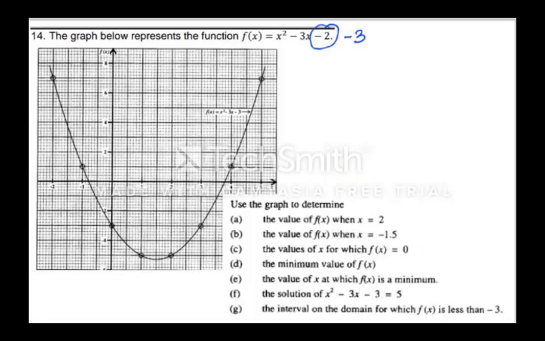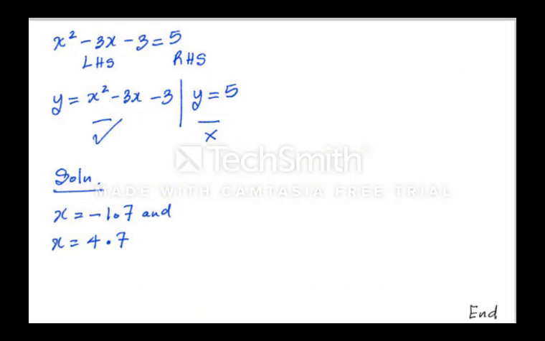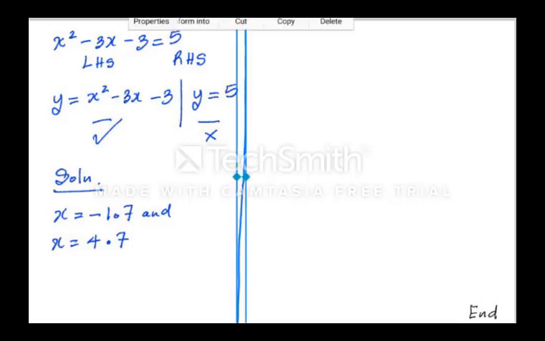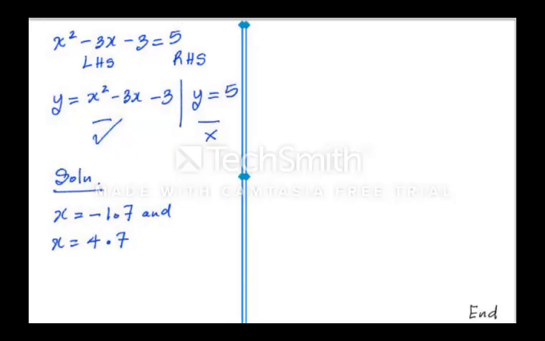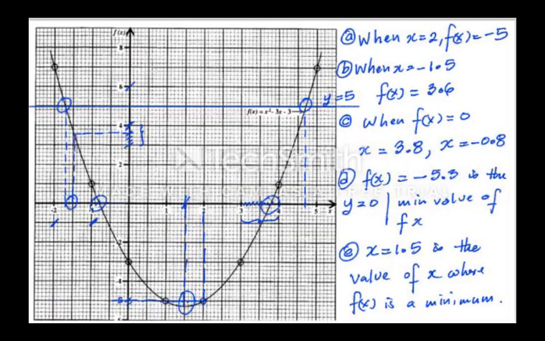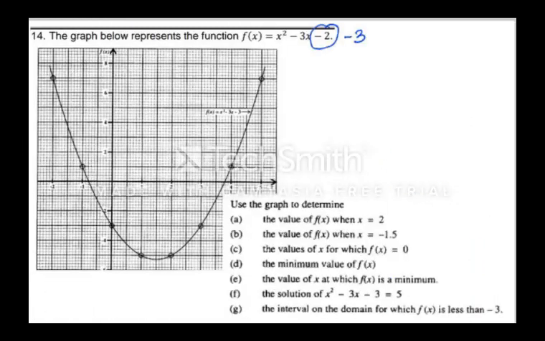The last part of the question asks for the interval on the domain for which f of x is less than -3. All right, so we're talking about the interval on the domain for which f of x is less than -3. Let's make it look a bit formal here.